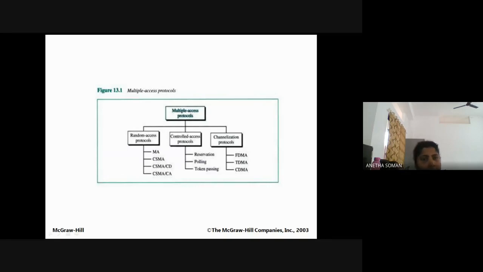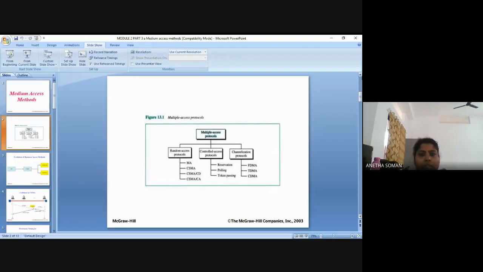A competition is happening between the stations to access the medium, so it is also called the contention method. That is the meaning of it.